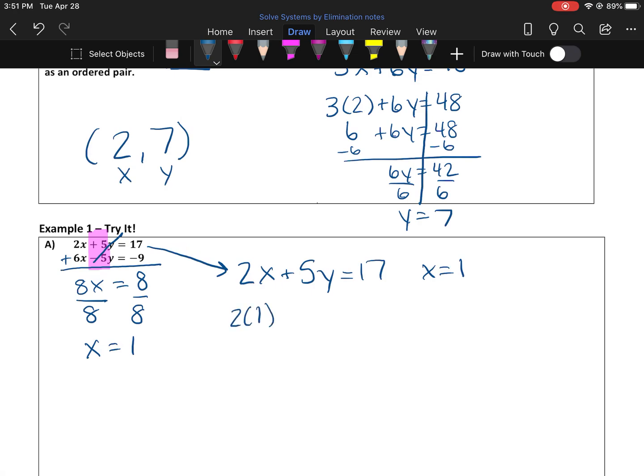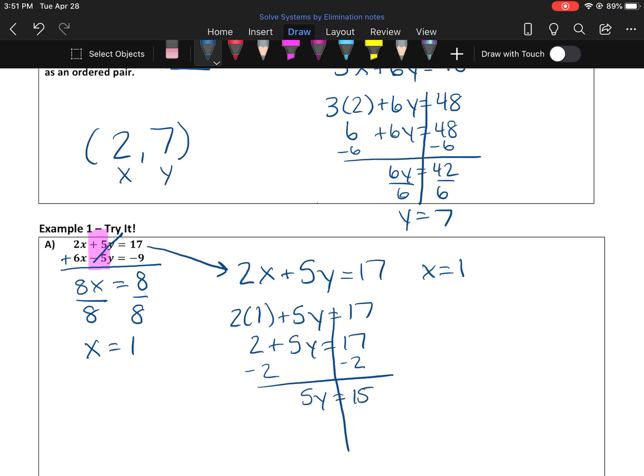I'm going to put 1 in for x, which leaves me with just y that I can go ahead and solve for. So my final answer, where these two equations overlap, where they cross, is (1, 3). That's my solution.